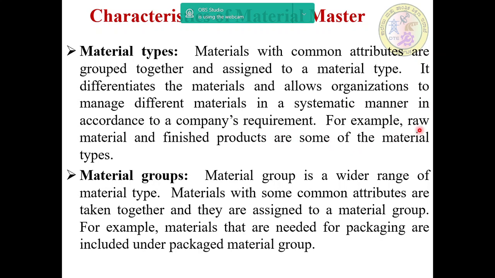For example, raw material and finished products are some of the material types. The next characteristic is related to material groups. Here, material group is a wider range than material type, and materials with some common attributes are taken together and assigned to a material group. For example, materials that are needed for packaging are included under the packaging material group.